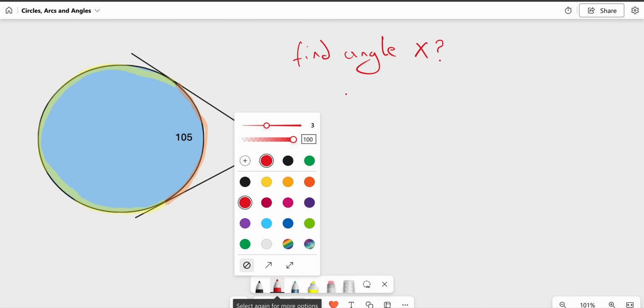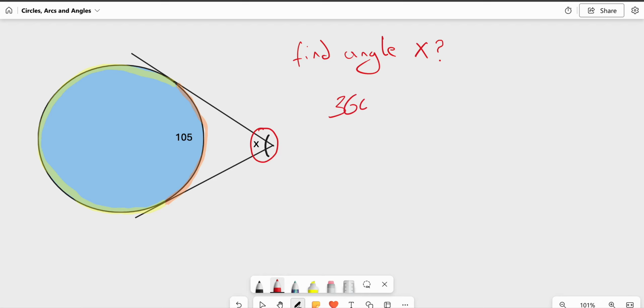So 360 minus 105 is equal to 255, right? So now we know that this arc, the yellow one, is 255.